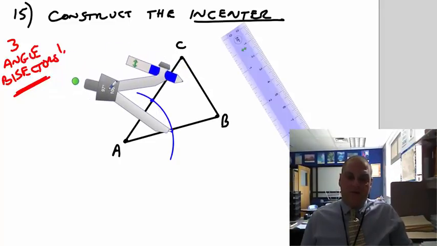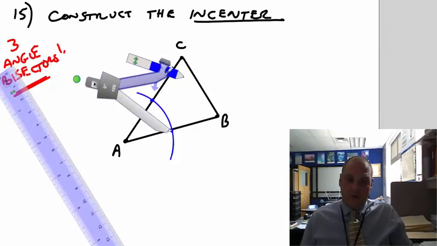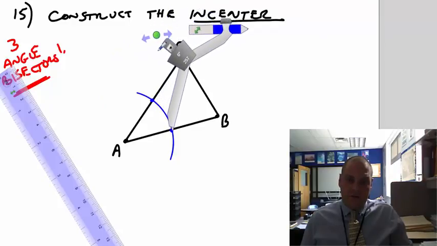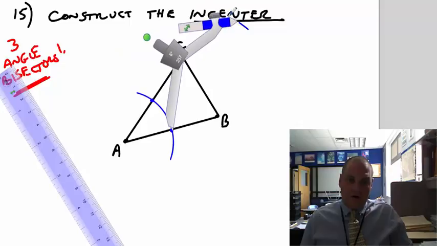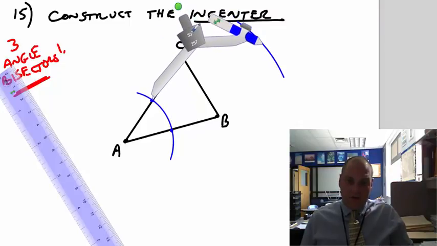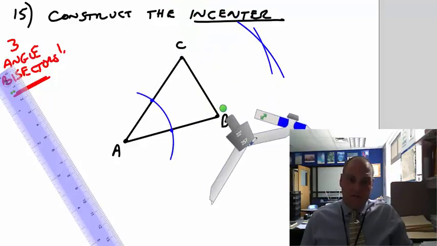I'm just going to put it outside the triangle so it's less confusing. Open up my compass so I go outside the triangle. Swing an arc out here, and then from the other point you swing an arc again. See that?